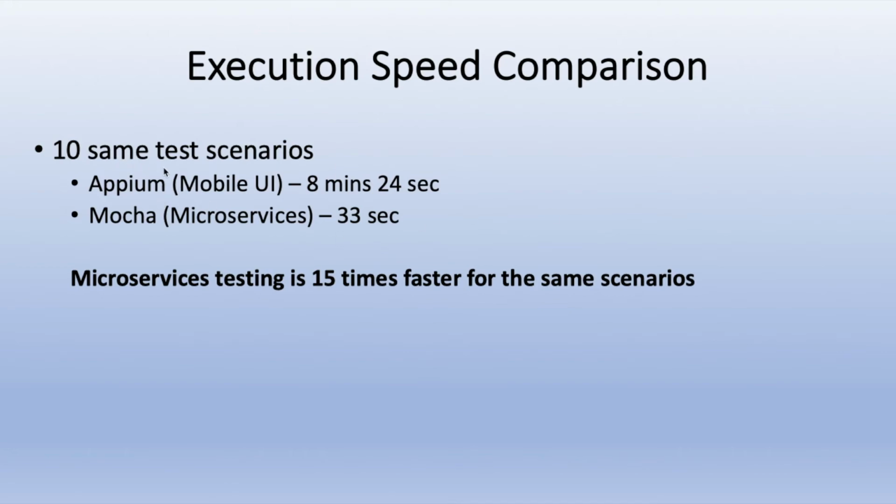For 10 similar test scenarios, Appium running on the mobile UI takes 8 minutes and 24 seconds. For Mocha, which is calling out the microservices, it is 33 seconds. Both return the same set of data, and the speed for Mocha is much faster than the UI testing. In fact, it's something like 15 times the speed.